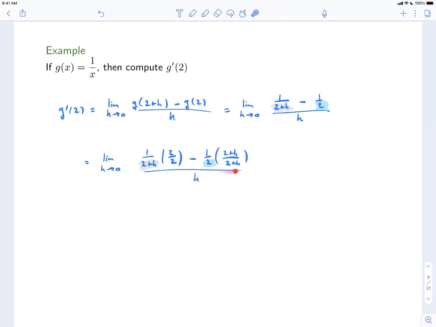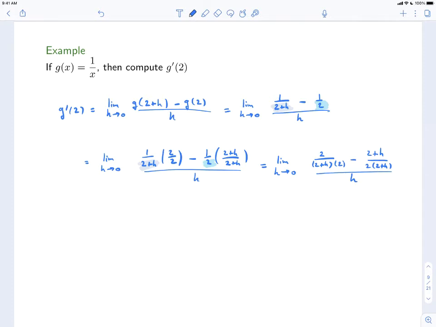So you multiply by 2 plus h over 2 plus h. Okay, now we simplify. So this will be the limit as h goes to 0. So it'll be 2 over 2 plus h times 2 minus 2 plus h over 2 times 2 plus h. Everything here divided by h.